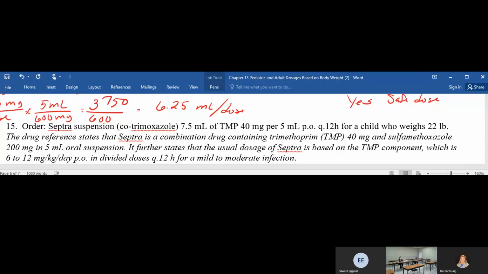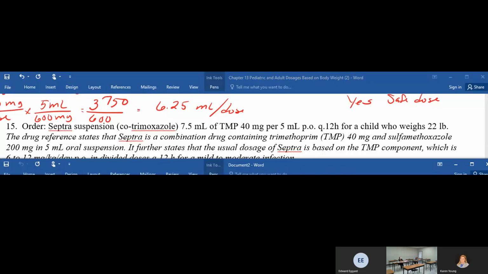Okay, so here's what we're looking at. We have our order is 7.5 milliliters of 40 milligrams per 5 milliliters. And the child's weight is 22 pounds. We can't see what your right hand word.